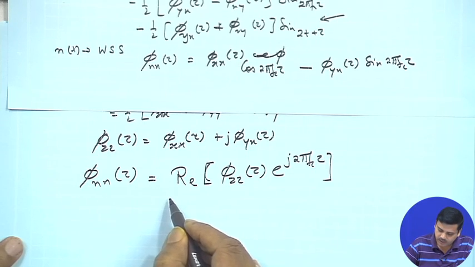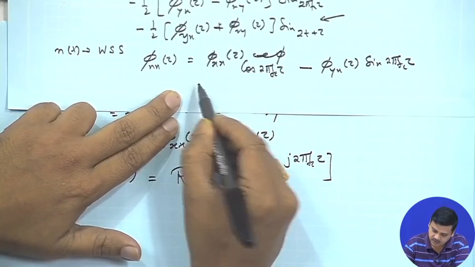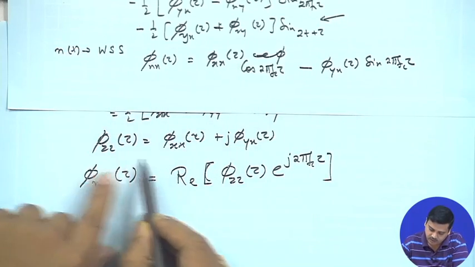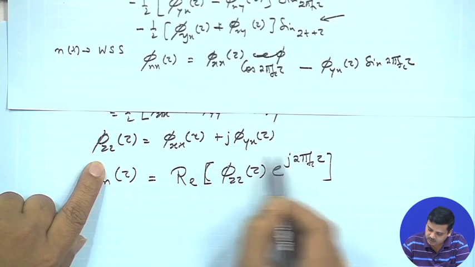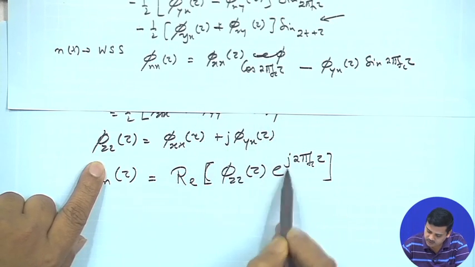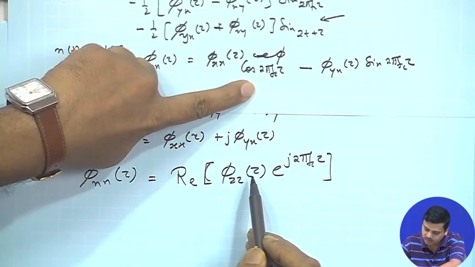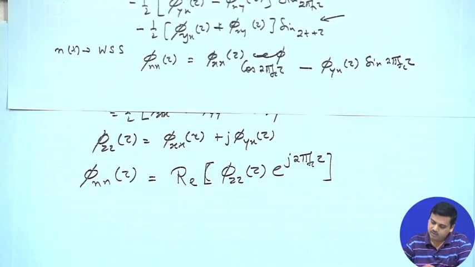So if you have phi zz of tau equal to phi xx of tau plus this, and you take the real part of this product, you are going to get phi xx cos 2 pi f c tau minus phi yx sine 2 pi f c tau.